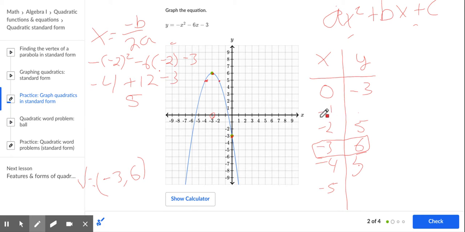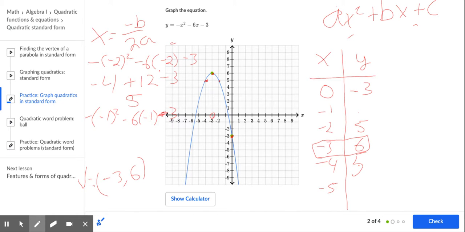So let's go ahead and plug in -1. So I have -1 squared minus 6 times -1 minus 3.